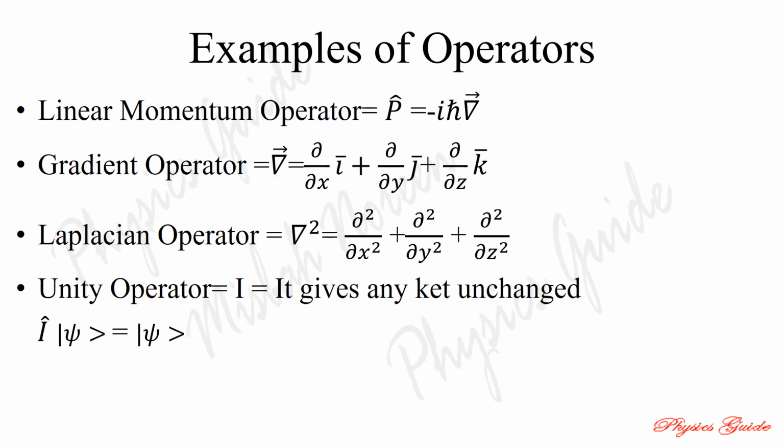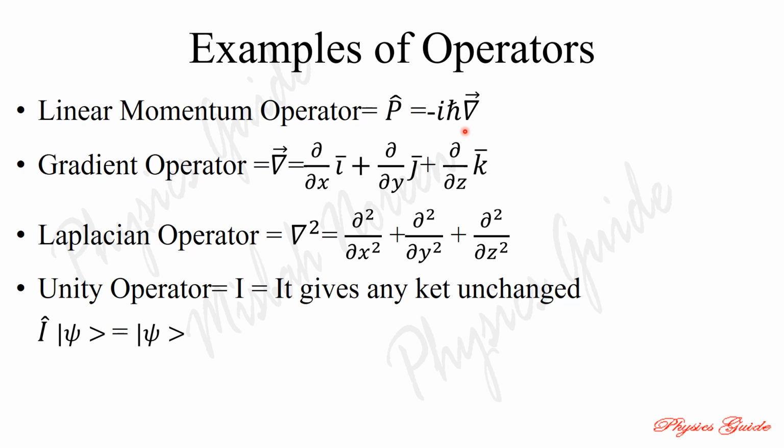Now students, here are examples of operators. We use different operators in quantum mechanics and physics. Here is the linear momentum operator. We represent the linear momentum operator with P and a hat on the top of it, which is equal to minus i h-bar del.